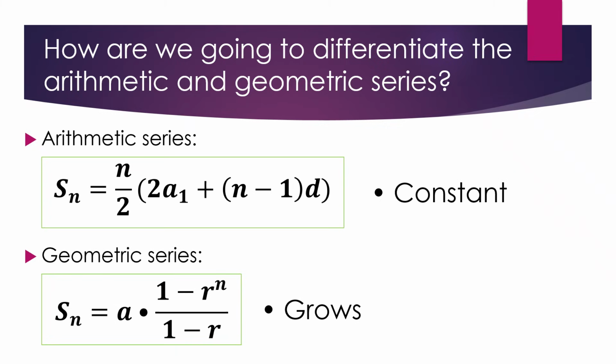In geometric series, each month it grows. It depends on the agreement of the person. So for us to be able to differentiate and to understand these two more, let's have some examples.